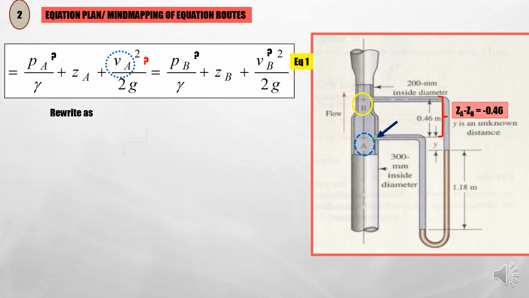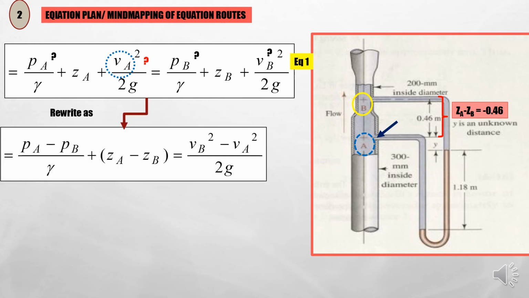But this Bernoulli equation, we can rewrite to make it simpler in order to incorporate another equation. From this equation, we bring the PB on the right side to the left side and combine it with the PA, since this is the same term on the bottom part.